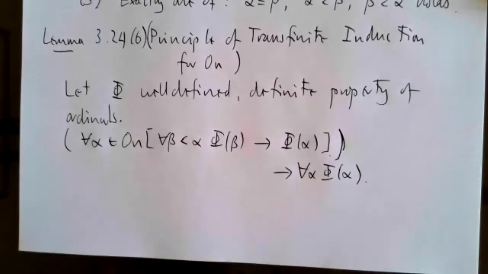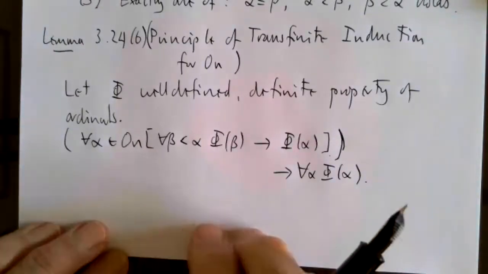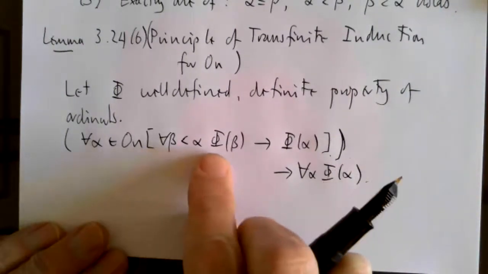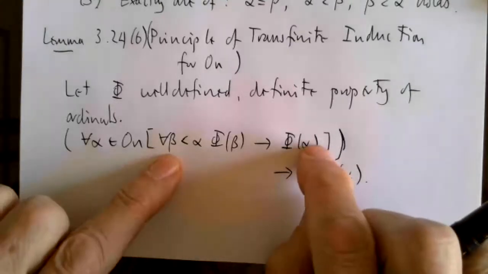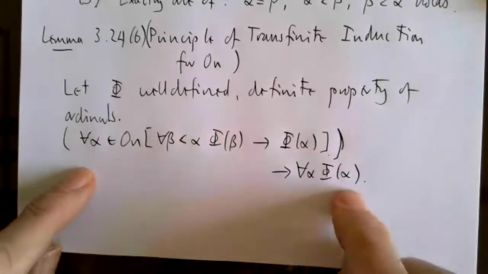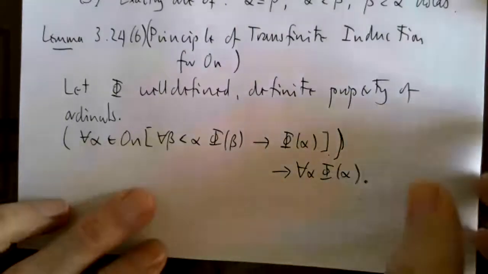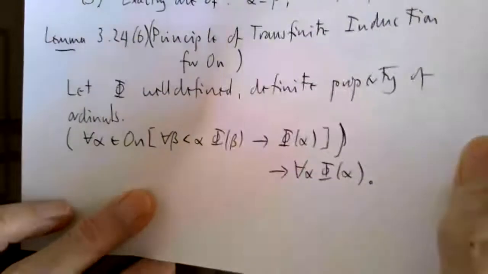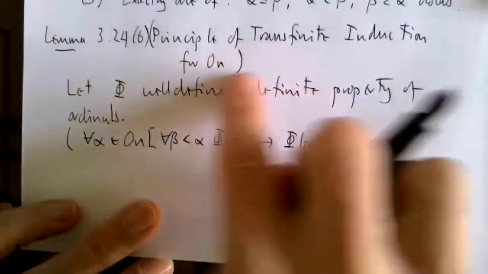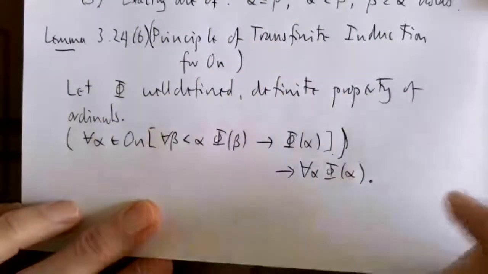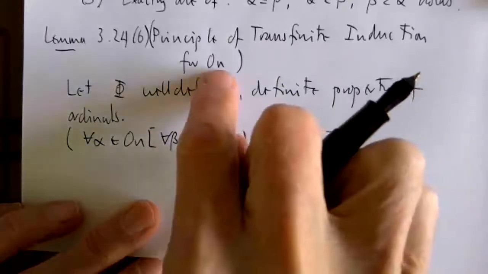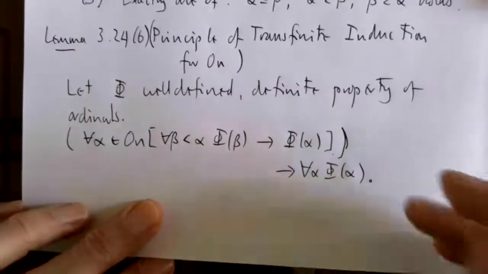So it's the usual thing. Something is kind of inherited upwards. If all your predecessors have the property implies you have the property, then actually all ordinals have the property. So again, this is exactly mirroring what happens for natural numbers for omega here.